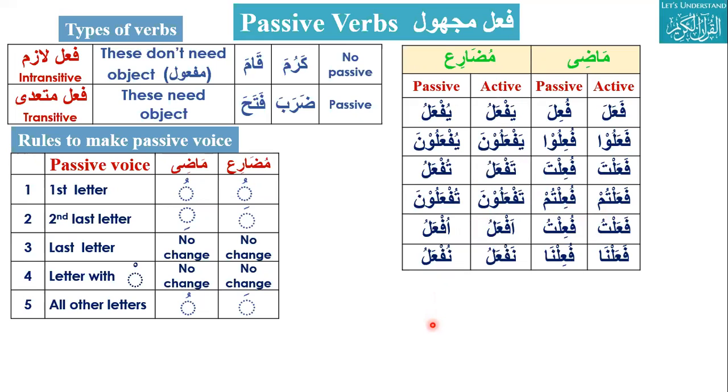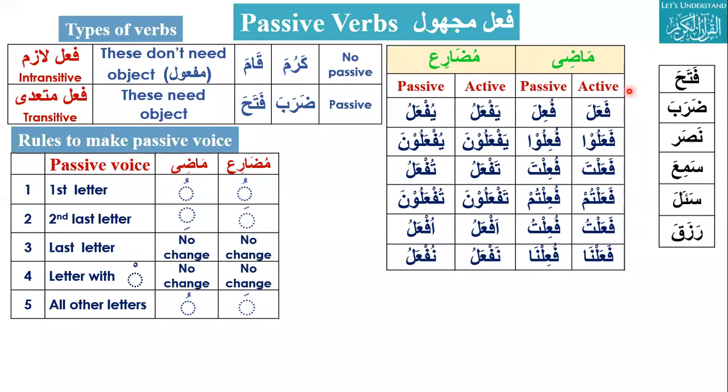So let's take some examples of what we have learned. Like in level 1, we learned fataha. Brother Asher, can you do this? Fataha, mazi and mudare. First mazi and then mudare, passive voice. Yes, so can you do the passive voice of fataha?